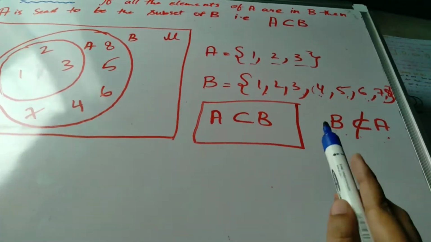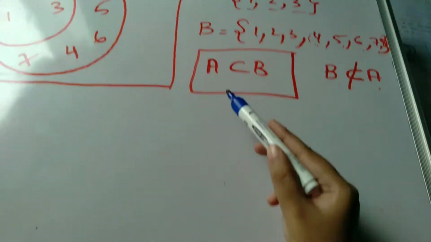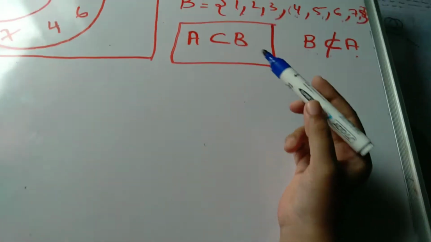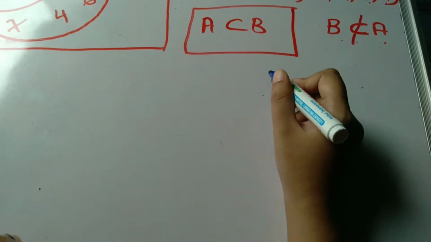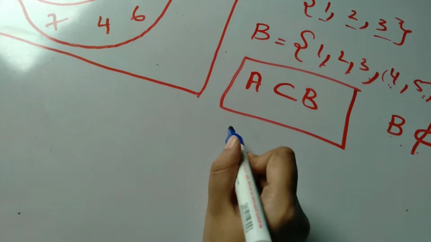We have seen the case of A being a subset of B. Now, how can B be a subset of A? I am giving you an example.